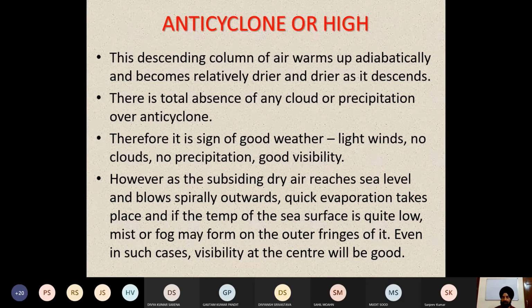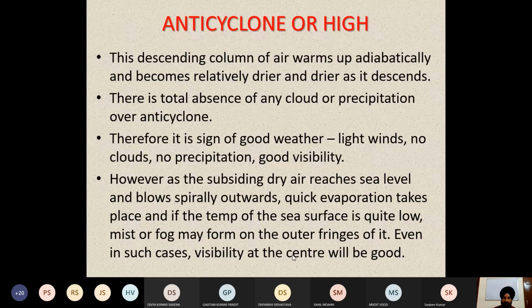However, as the subsiding dry air reaches sea level and blows spirally outwards, quick evaporation takes place, and if the temperature of the sea surface is quite low, mist or fog may form on the outer fringes, and in such cases the visibility at the center will definitely be good.